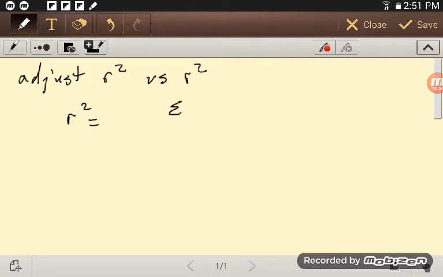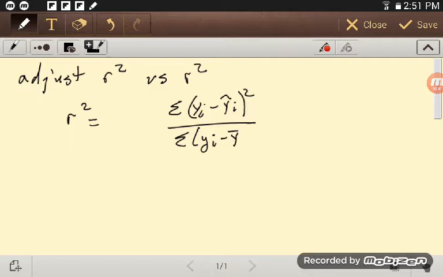So it's taking the sum of yi minus y hat i squared divided by the sum of yi minus y bar squared, 1 minus that.